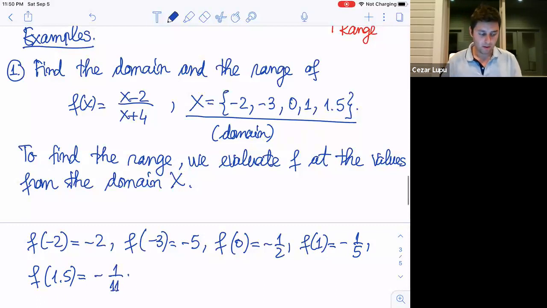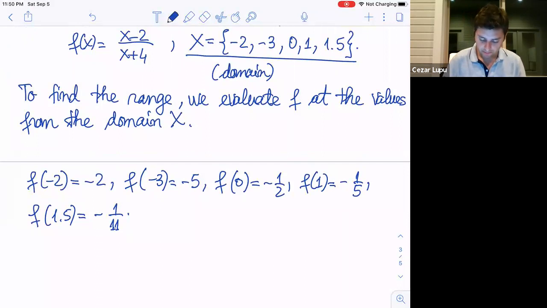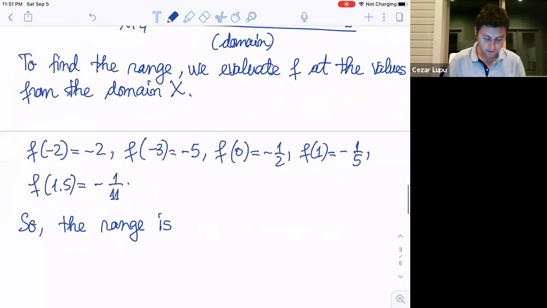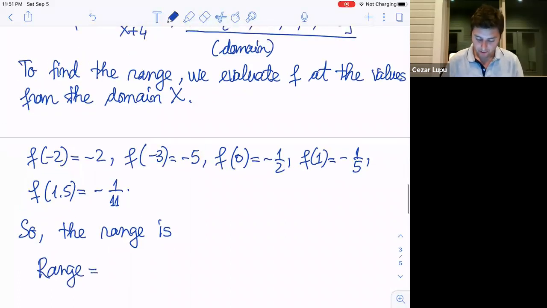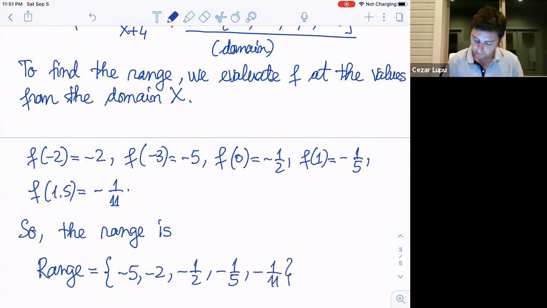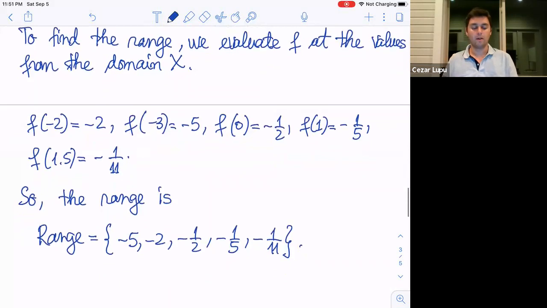So the range, let's call it range, will be these values: -5, -2, -1/2, -1/5, -1/11. That's the range of f.